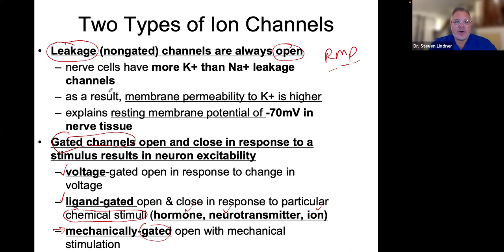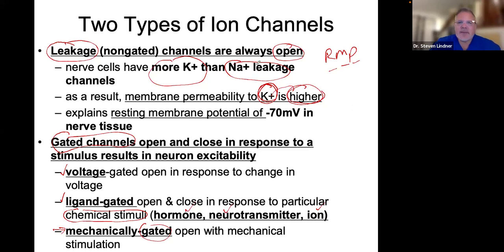The nerve cells are going to have more potassium leakage channels than sodium leakage channels. So the nerve cell is going to have more channels to leak potassium than it does sodium. And as a result of that, the permeability to potassium is much higher.